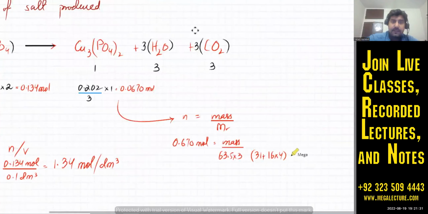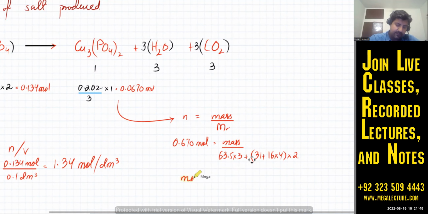And PO4 is there twice, so into 2. So that's your 3 coppers and your PO4 twice, that's your MR. You know the moles, so you can figure out the mass now by multiplying the two. So what will you get for this? Double check it.